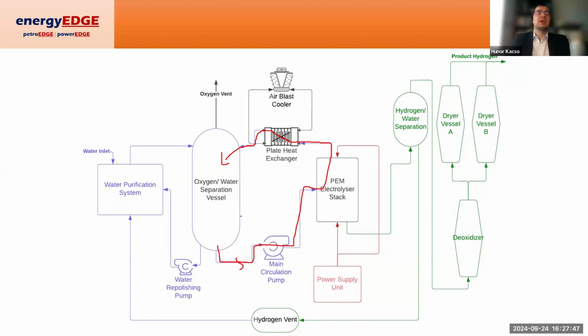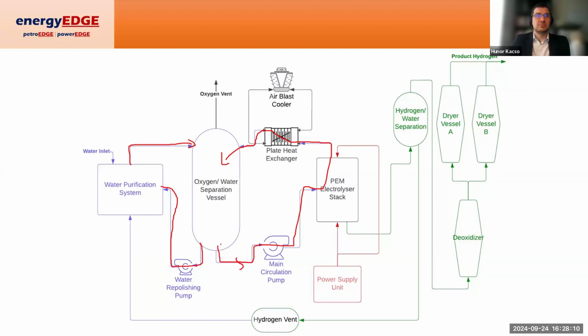So what do we do? Well, there's two ways we can fix this, and both would include one part of the water purification system. Some systems would send the water back with a repolishing pump into the water purification system.